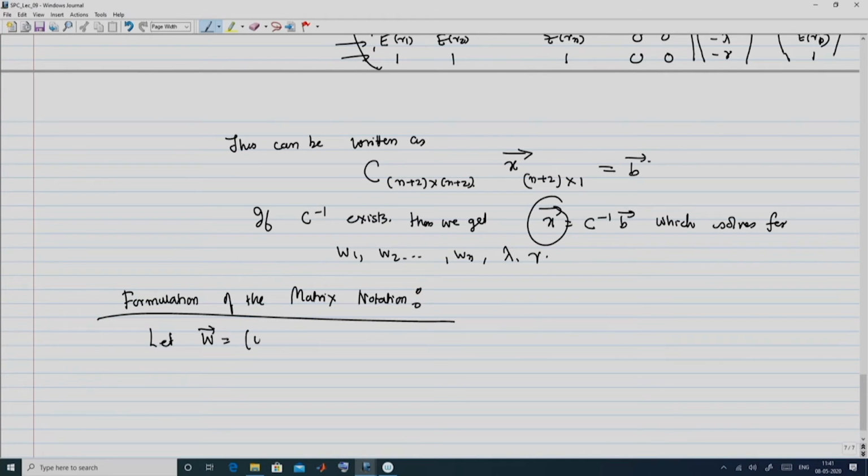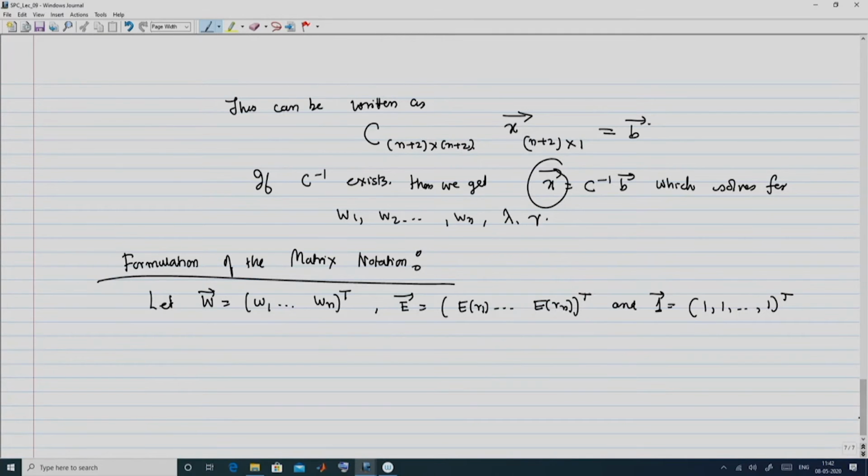So, let W be the vector of all the weights, a column vector. So, this is (W1 through Wn) transpose. My vector E is (E[R1] all the way to E[Rn]) transpose, and vector 1 is (1, 1, all the way to 1) transpose, a vector of all ones.